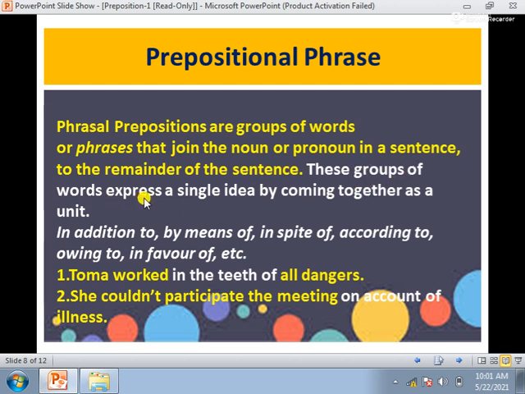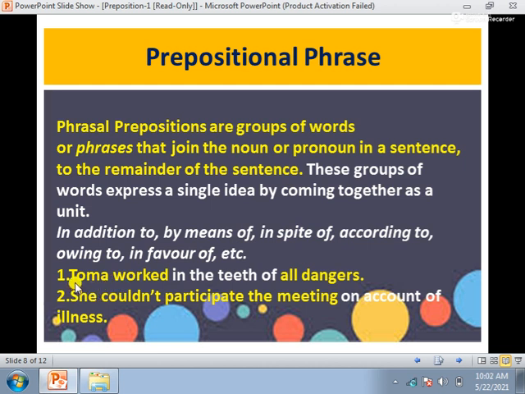This group of words expresses a single idea by combining together as a unit. For example, in addition to. So generally, to form the prepositional phrase we use the preposition at the very beginning, and it has a particular meaning. By means of, in spite of, according to, owing to, in favor of.